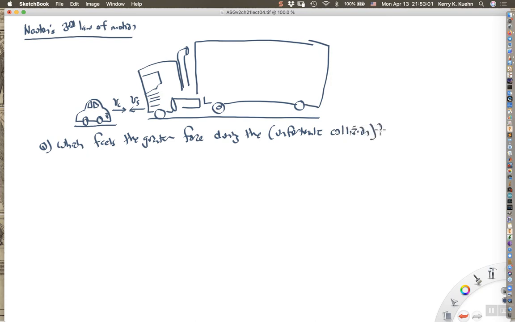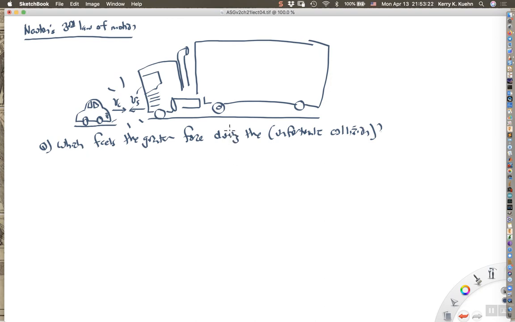Okay, so of course before they hit there's no force of interaction between the two, but at the moment they're colliding, which one feels the greater force? Is it the Volkswagen Bug that feels the greater force? Is it the semi that feels the greater force? Or is there another option?